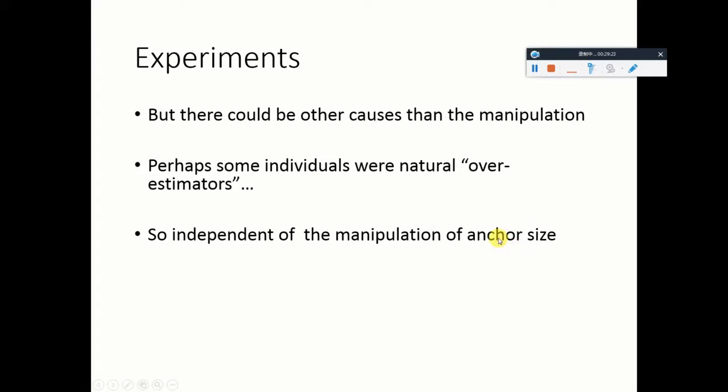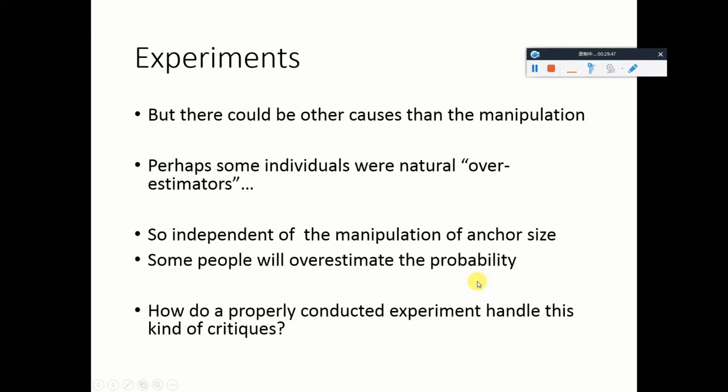Anchor size here simply means the value that we assign to different conditions. Some people would just, regardless of the manipulation, overestimate or overperceive the probability that Mike is more or less friendly. Okay? So the question, of course, is how do we rule out this possibility?